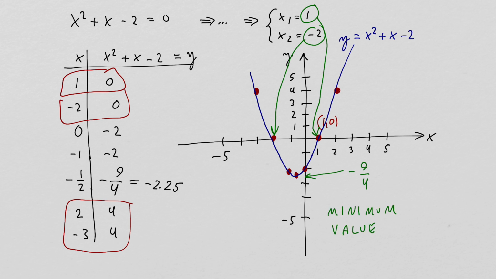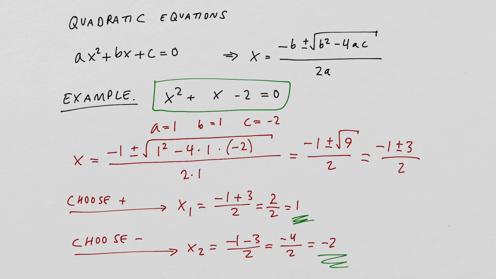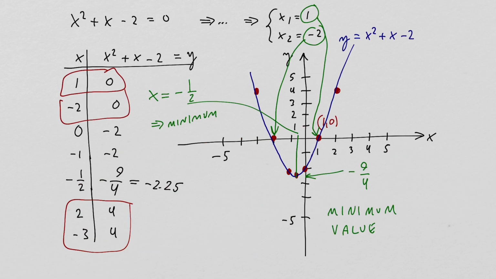And the corresponding value of x, where we obtained the minimum, it was minus 1/2. So the example what we calculated, it has these geometric things related to it.